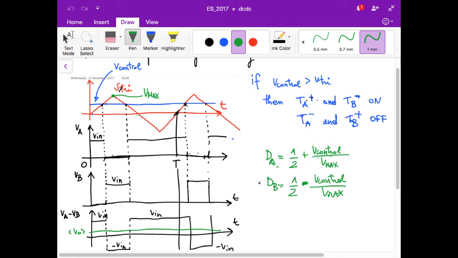So these are the conditions, and therefore VA, which is equal to dA minus dB times V in, if I do the difference, is equal to V control over V max times V in. Therefore, if V control can go between V max and minus V max, this number can go between +1 and -1, which is what we want. Okay?